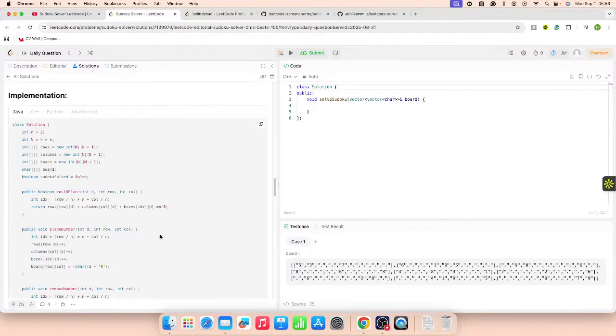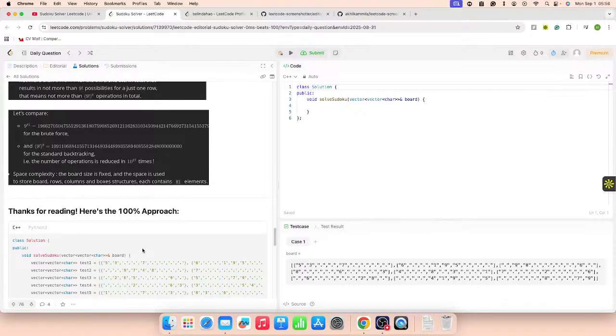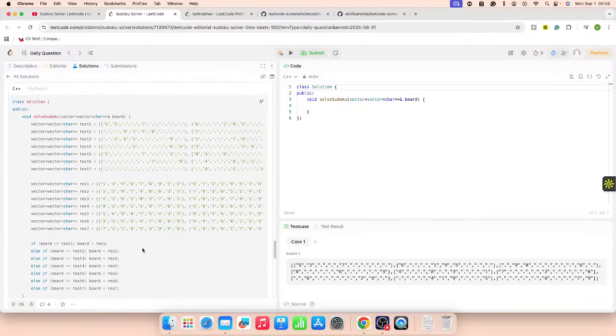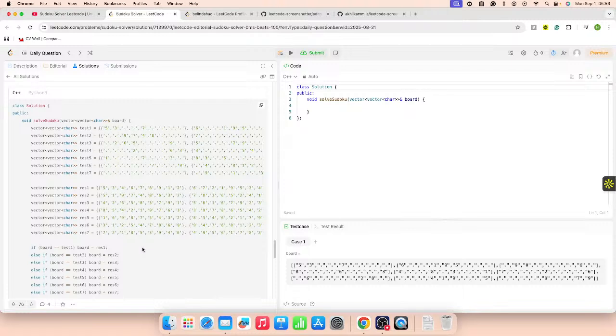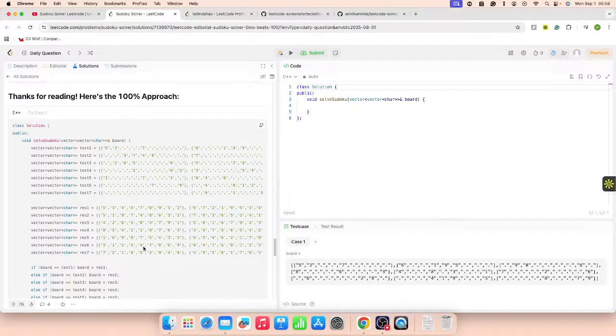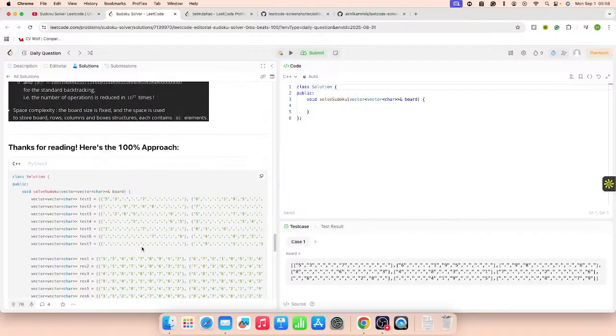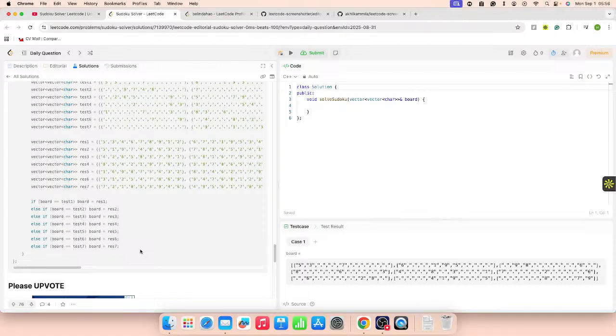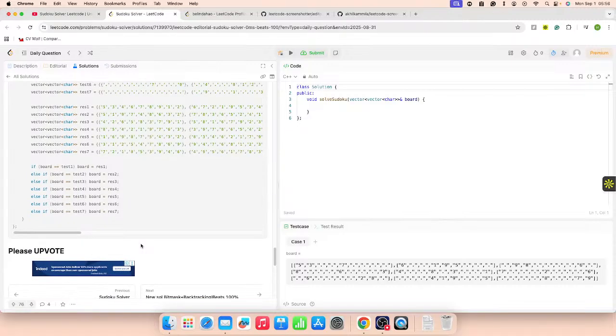So the time complexity of it is really huge. What are they doing here? I don't know. Somebody has also, really, somebody has hard coded all the test cases.